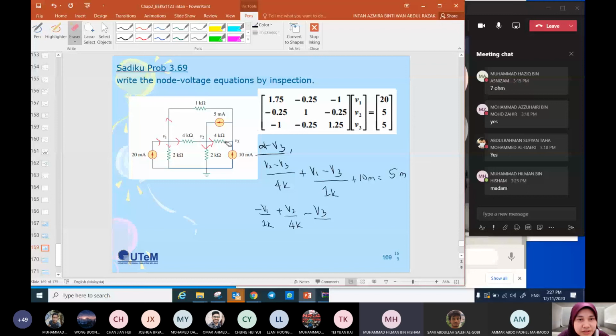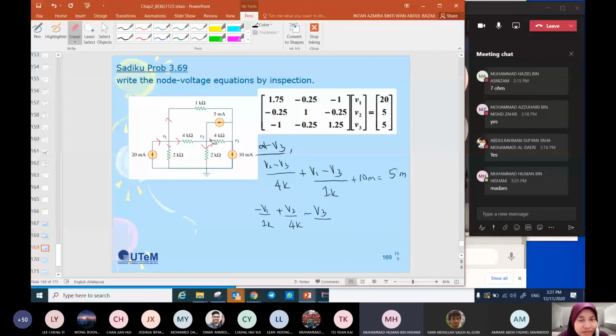You mean the current here? The 10 milliamp current enters V3. If I make it go to the left, is that allowed, madam? Which one, 10 milli at node V3? Okay, 10 milli enters node V3.